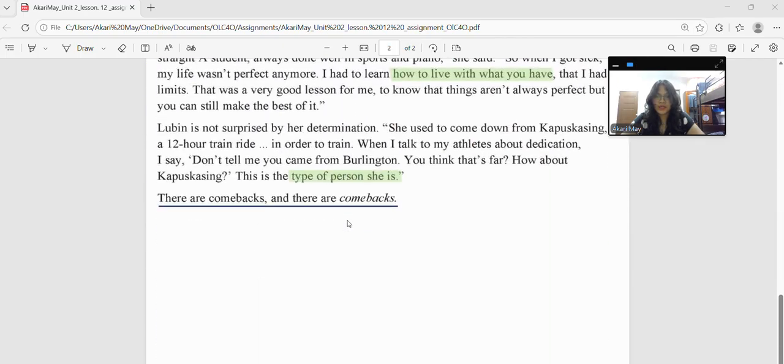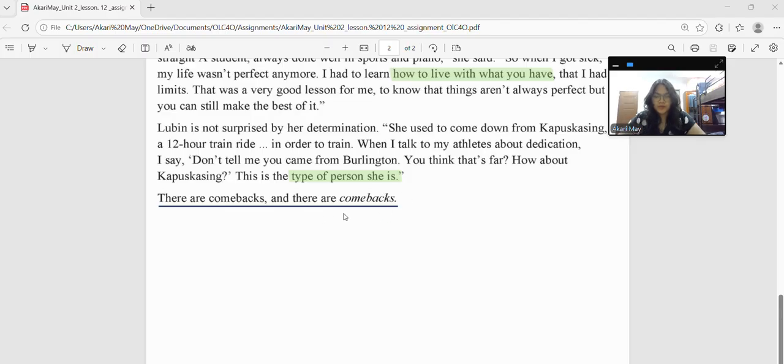And then the last sentence says there are comebacks and there are comebacks. So the first part of the sentence may seem normal. There are comebacks, and then another part of the sentence says and there are comebacks, where comeback is written in italic.